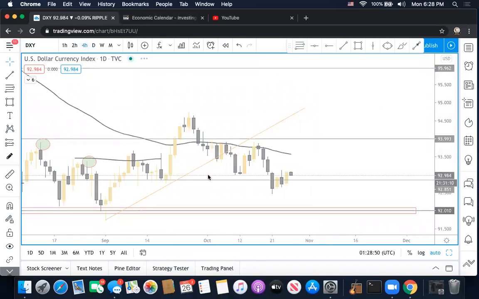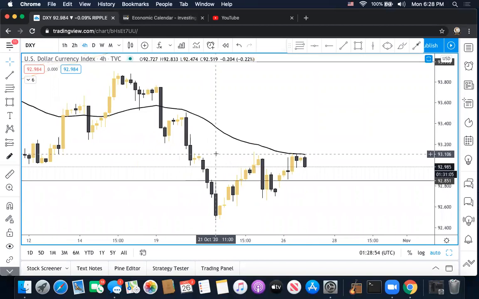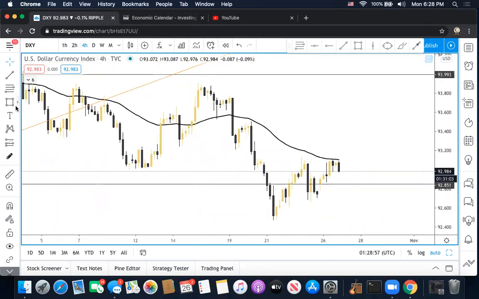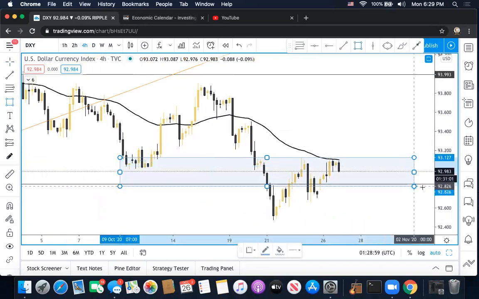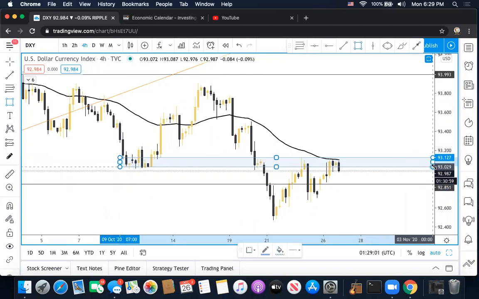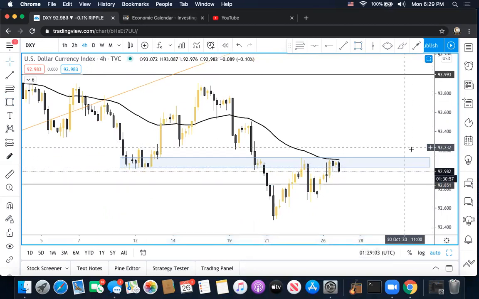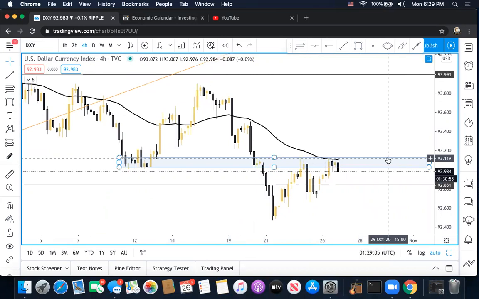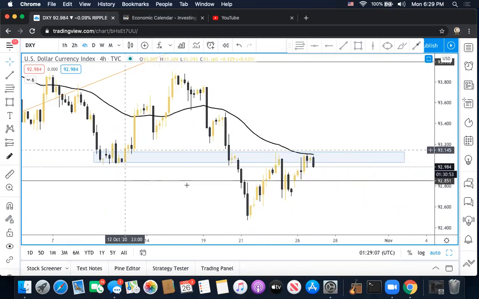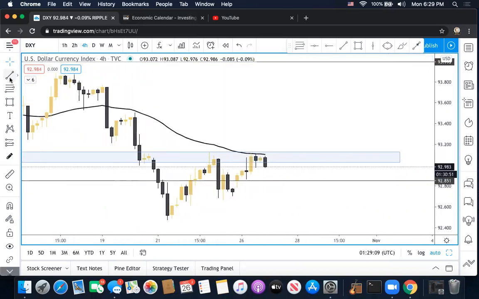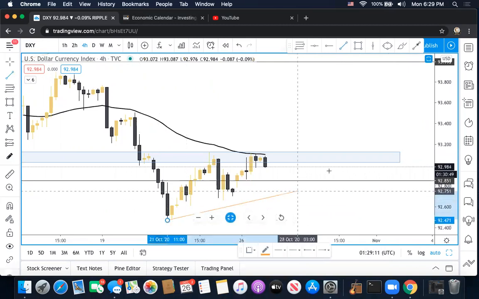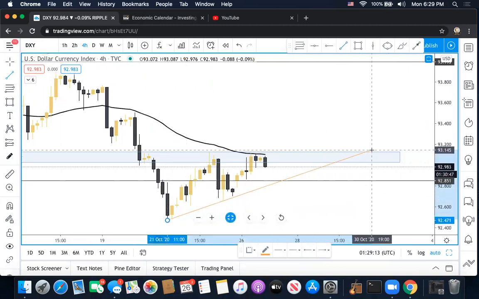Looking at it on the daily time frame, if I come to the 4 hour, you can see that there was an immediate support right here, and that's currently where the market is rejecting from. So looking at it like that, you can possibly draw a trend line from this bottom point out like this.